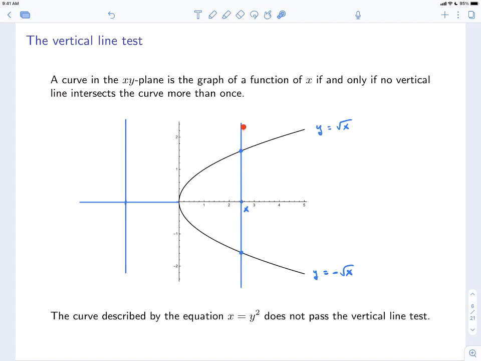So if a curve doesn't pass the vertical line test, that means there's more than one output for each input. So that means it can't be a function. So this graph that you see here is not the graph of a function, because it does not pass the vertical line test. Any function will pass the vertical line test, and this one doesn't, so it's not the graph of a function.